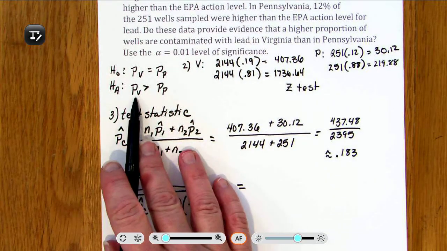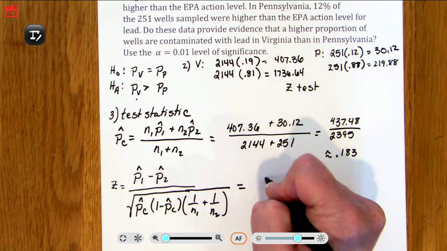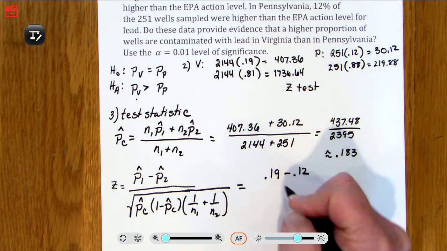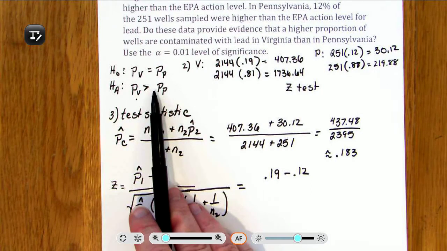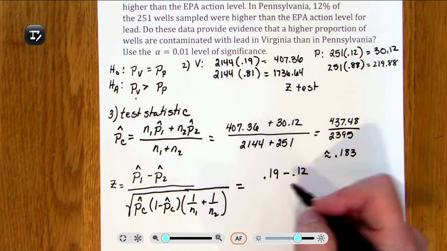So we do want to take Virginia minus Pennsylvania, so the 0.19 minus the 0.12, because otherwise you will be doing an upper tail but you'll get a lower test value, so you'll flip-flop the two pieces.